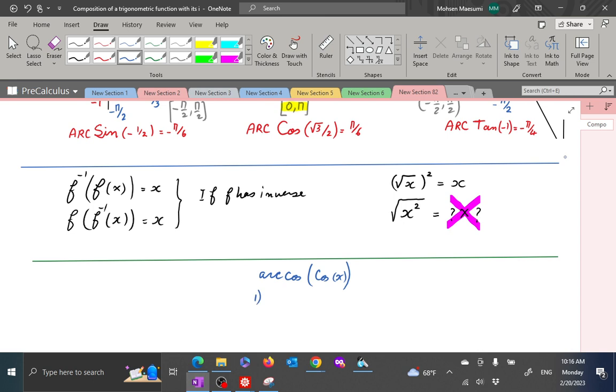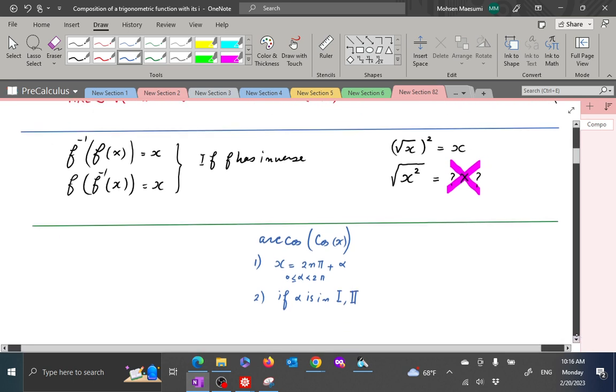Step 1, write x is equal to some multiple of 2 pi plus alpha, so alpha is between 0 and 2 pi. Step 2, if alpha is in quadrant 1 or 2, the answer is just alpha itself.